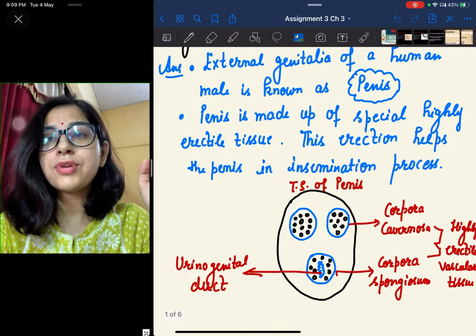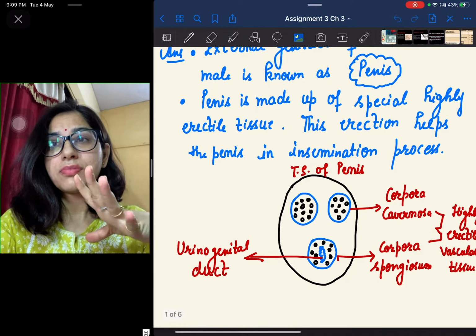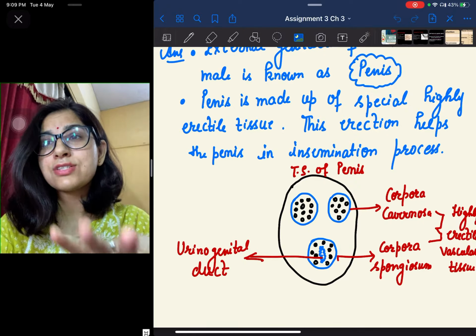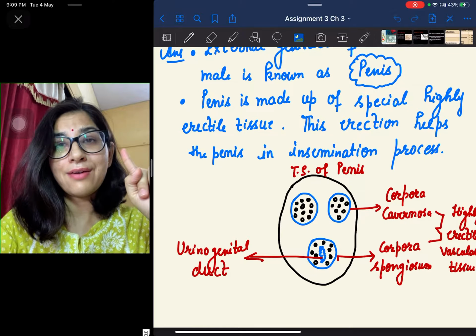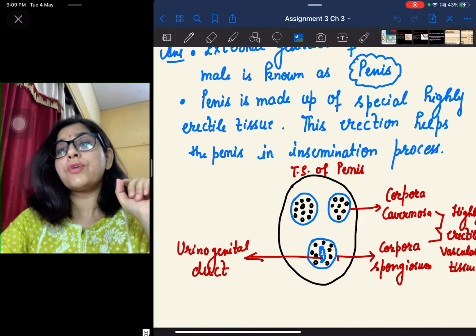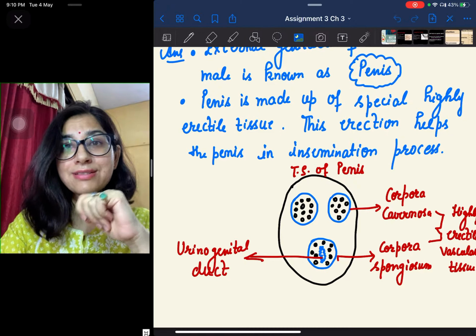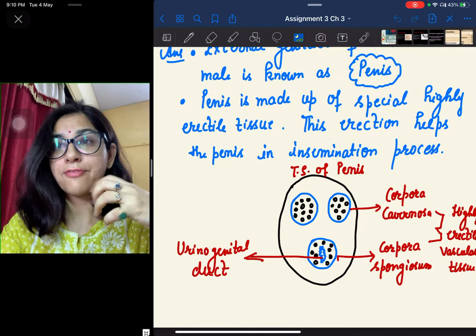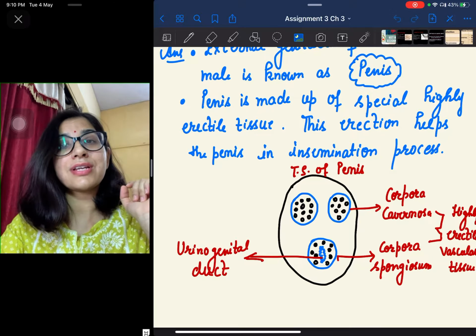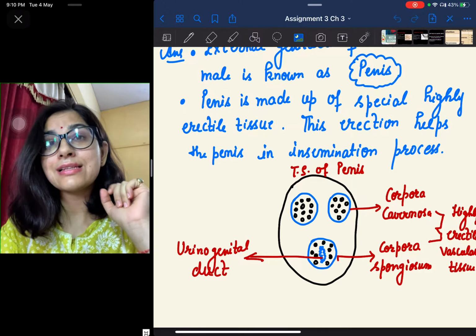Now, if we recall the transverse section of the penis, as you know, in our structure of external genitalia in the males, we have drawn this internal structure, the transverse section of the penis. The most important thing in the external genitalia in male is the erectile tissue.